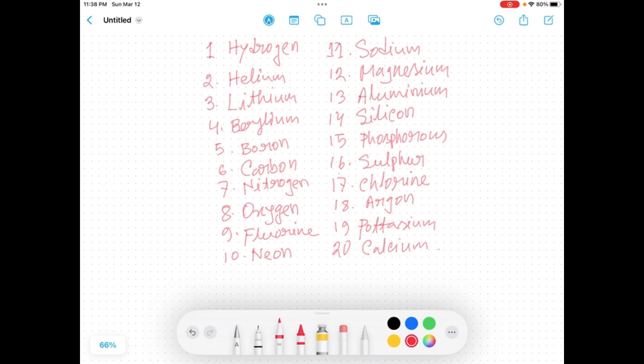Why is this serial number important? Because this serial number is their atomic number, okay?